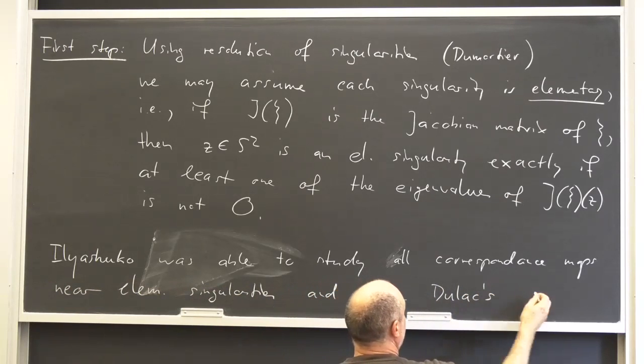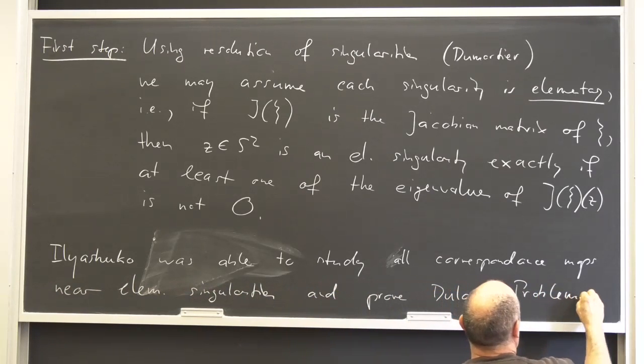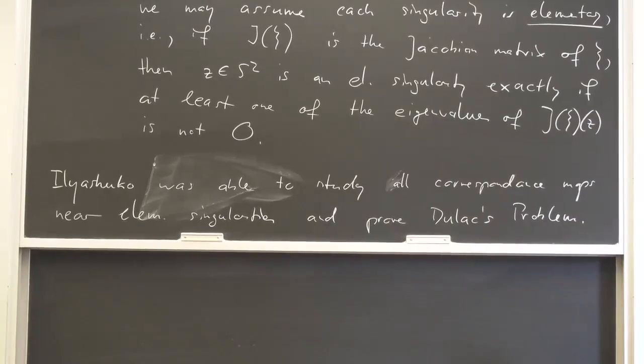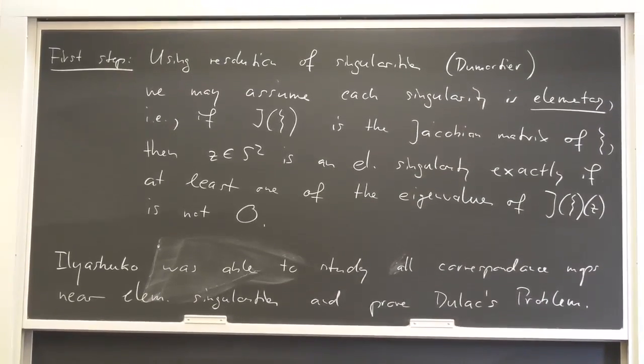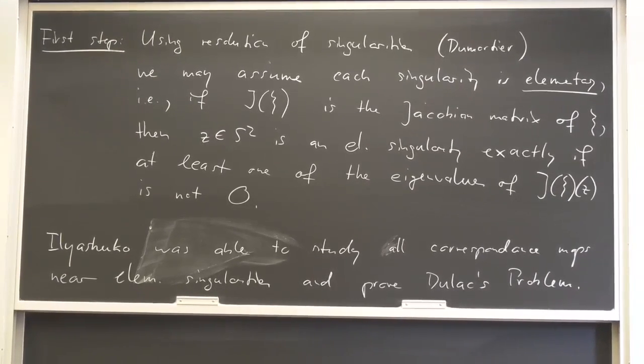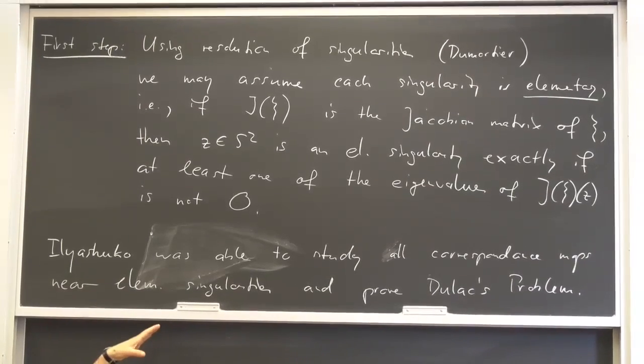So he can find out enough about these correspondence maps to, at the end, be able to prove Dulac's problem. Now, okay, this is only for information and motivation. My goal is not to do that.